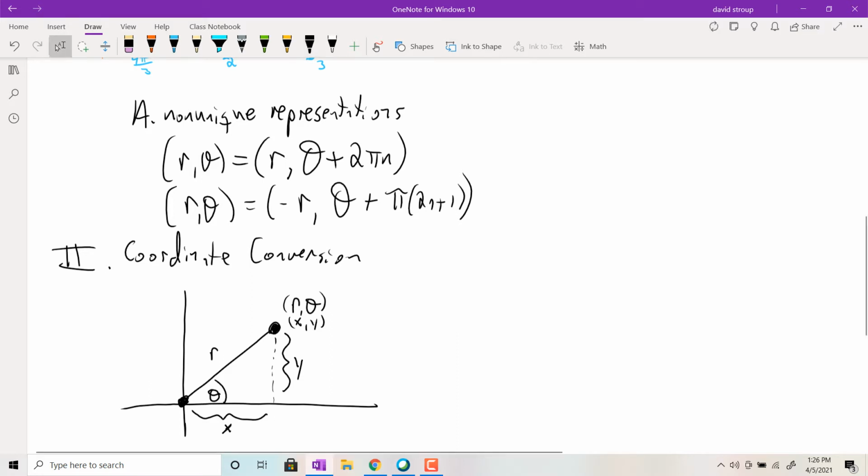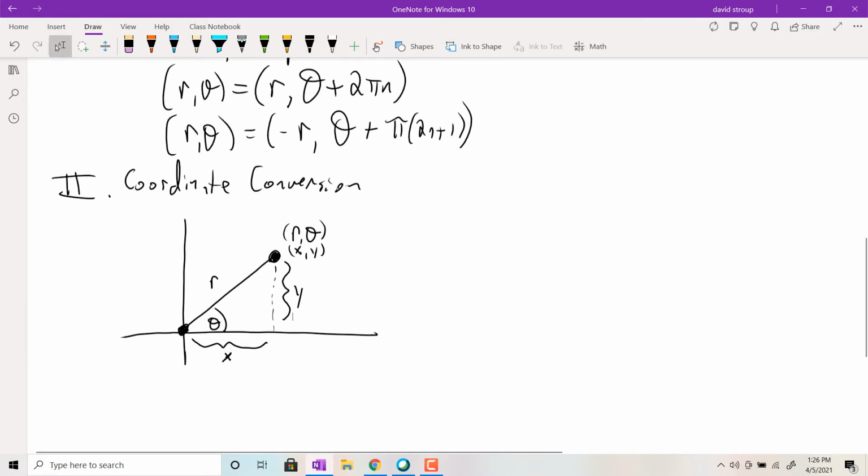So if you have that picture in mind, you can finagle all of the formulas you need just by doing a little bit of trig and the Pythagorean theorem. First, the Pythagorean theorem tells us right off the bat that r squared is equal to x squared plus y squared. One formula down.